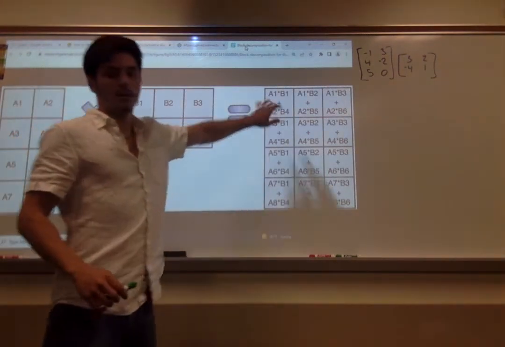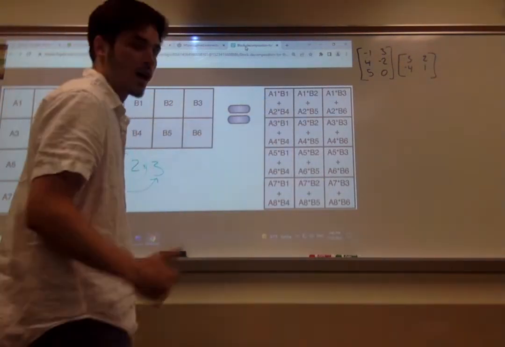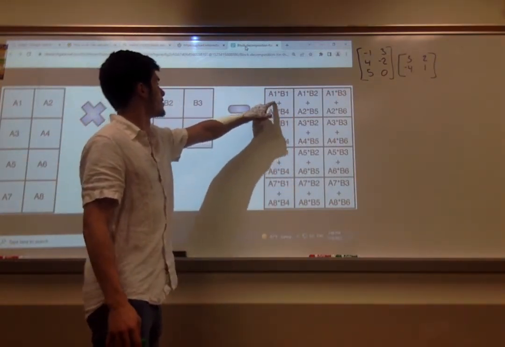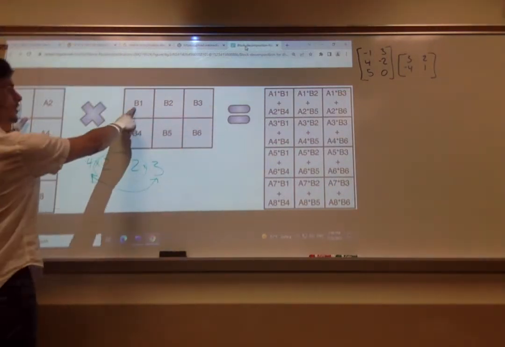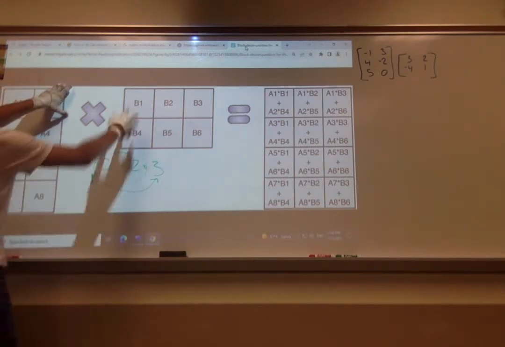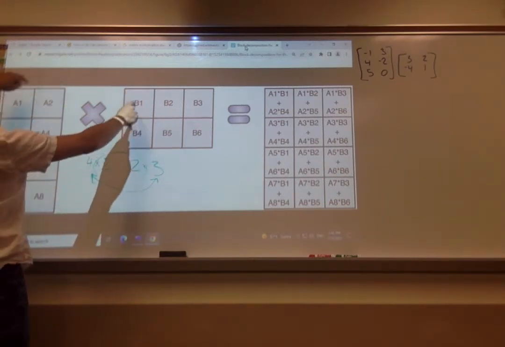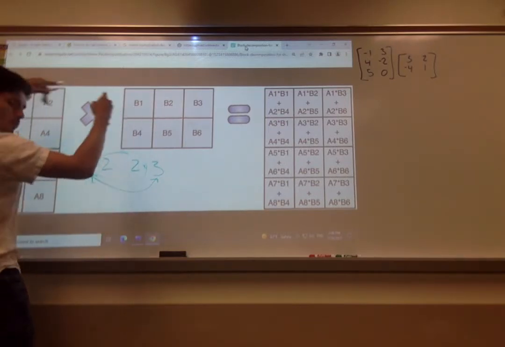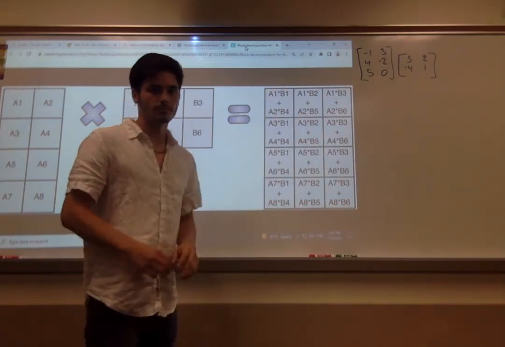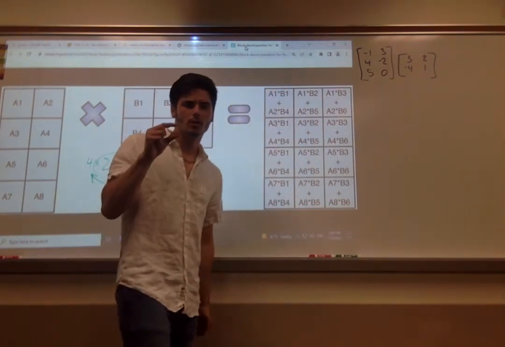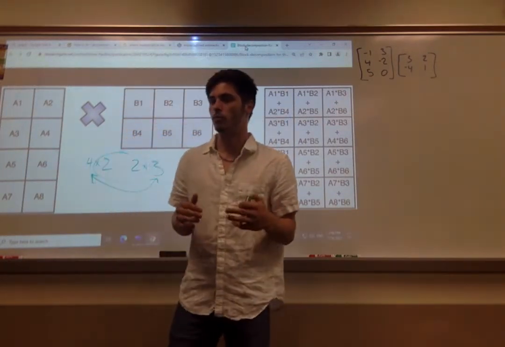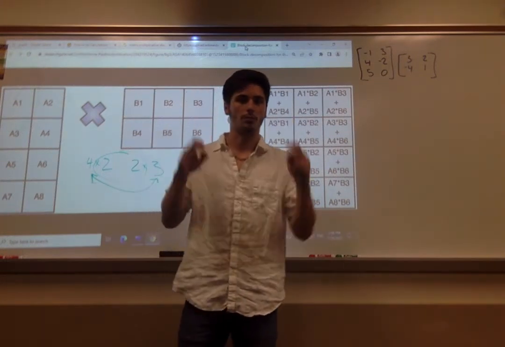And as you can see, each entry here is the combination that I was just talking about. So the top left entry is going to be A1, B1 plus A2, B4. So you're taking the top row and the left column, multiplying each entry together, and adding those products together, and that is your one number entry. So it's a lot of little tasks that go into each single entry. It's pretty tedious, but really it's not difficult per se.